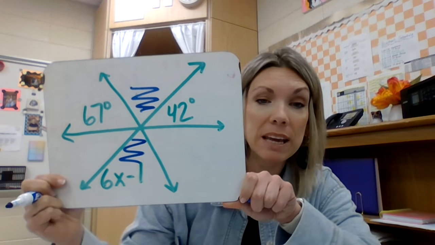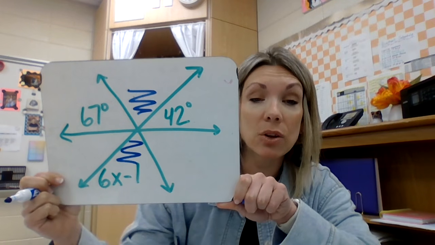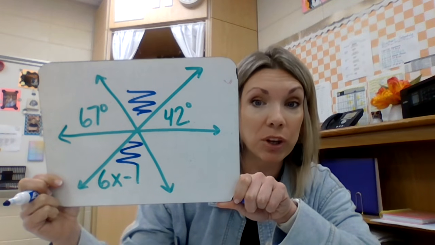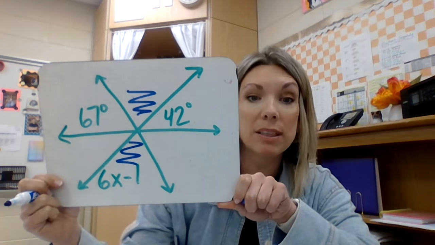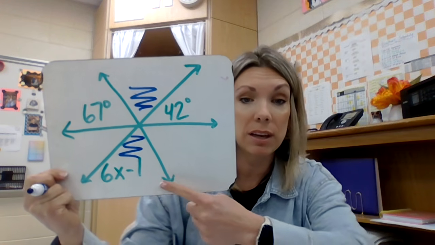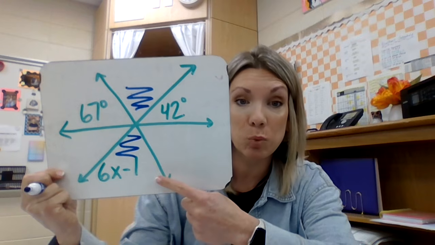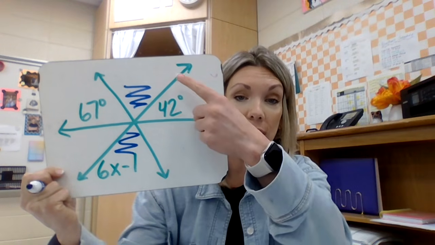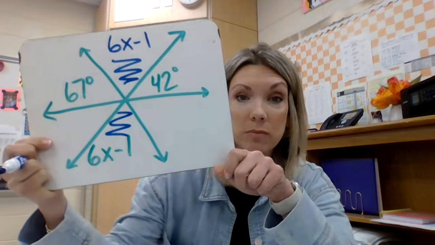Vertical angles mean that those angles have the exact same measurement. They're directly across from each other, but they have the exact same measurement. So if this one at the bottom is 6x minus 1, then that vertical angle directly across from it also has to be 6x minus 1. Okay?